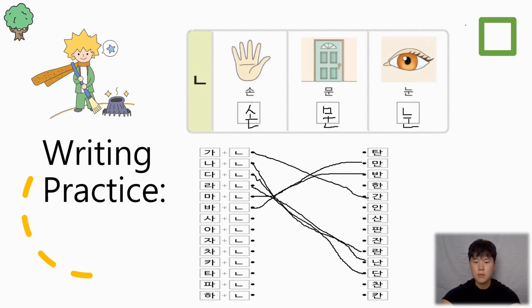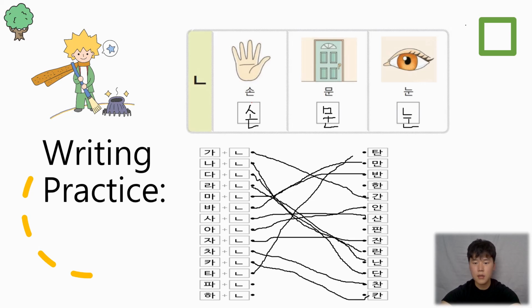사 plus 니은 becomes 산. 아 plus 니은 becomes 안. 자 plus 니은 becomes 잔. 차 plus 니은 becomes 찬. 카 plus 니은 becomes 칸. 타 plus 니은 becomes 탄. 파 plus 니은 becomes 판.